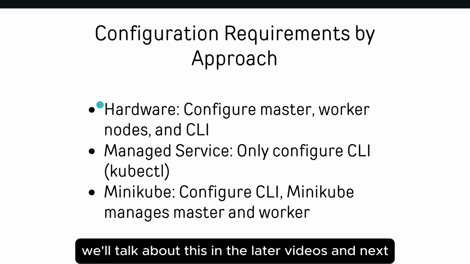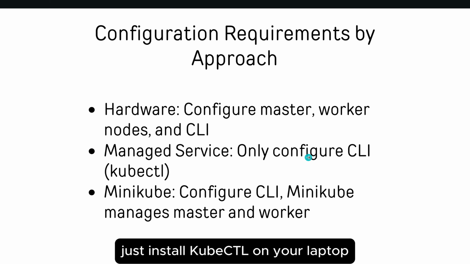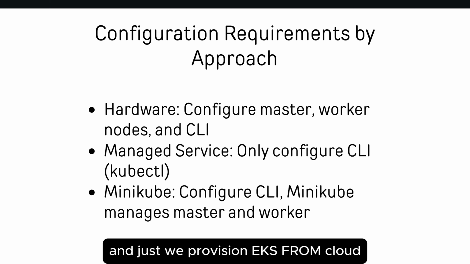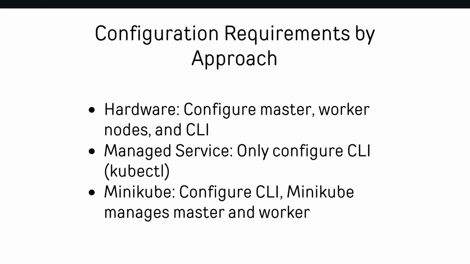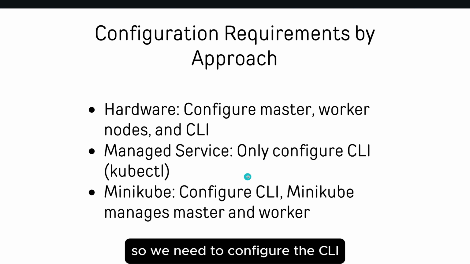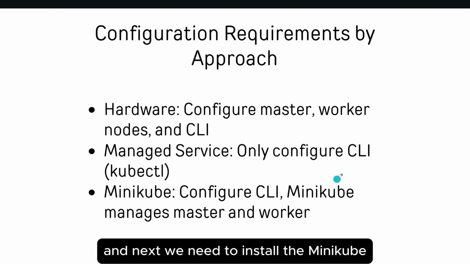We will talk about this in later videos. And next, the Kubernetes managed service. All we have to do is install kubectl on your laptop, and provision the Kubernetes from AWS EKS or DigitalOcean, which is also pretty easy. And Minikube: we have to install the CLI on our system, and next we need to install Minikube.